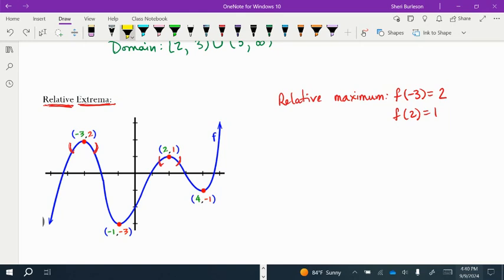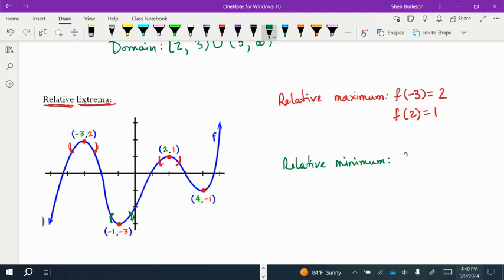So looking at the x values on either side, which of those is the highest or largest? Relative minimum is going to be the same idea, but now we want the lowest value relative to the values around it.